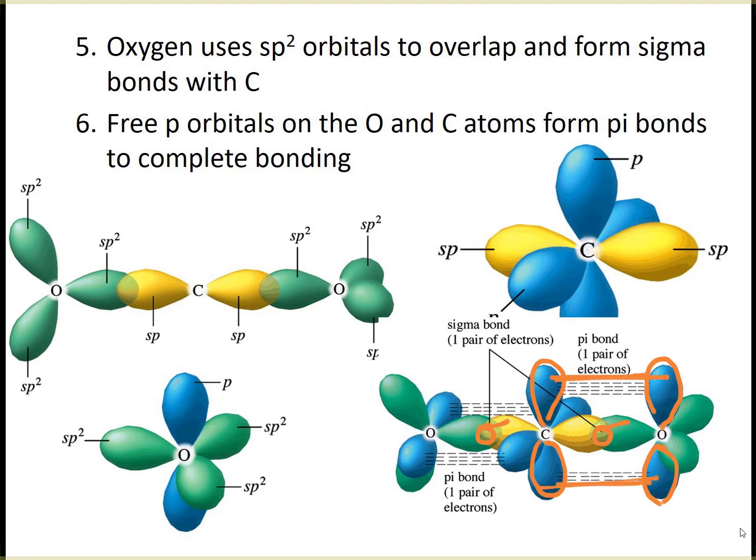And then you have another one that's lined up. This looks like the z-axis. And you get a double bond right there. Okay, so this is how you get that C double bond O. Again, one of them is a sigma bond and then the other one is a pi bond on each side.